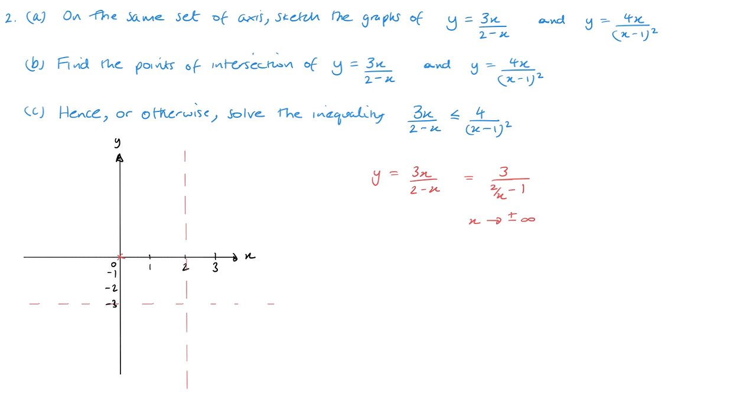If I put in 1.5, 3 times 1.5 is 4.5, divided by 2 minus 1.5, which is a half, it'll be 9, so it's even higher. So this is heading up this way, so it's heading down that way. So this graph is going to be something like this, which means that we're expecting this one to look like that. And again, you can substitute values in just past the 2 to see what's happening here.